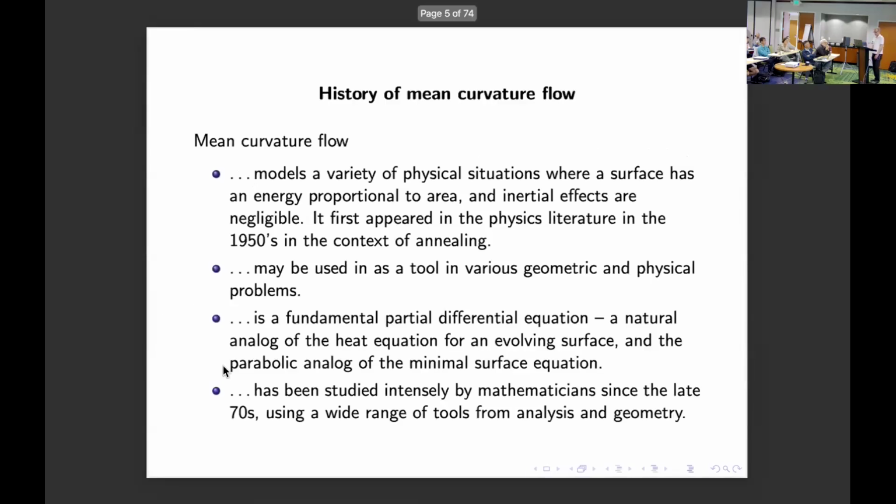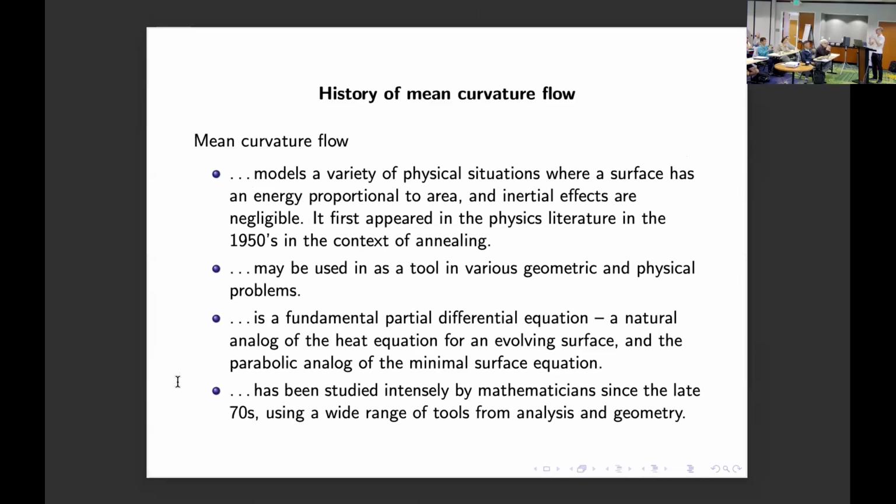A little history. Mean curvature flow first showed up in the literature in the 1950s in the physics literature, in connection with annealing. But mean curvature flow is a natural mathematical model for lots of different physical situations.